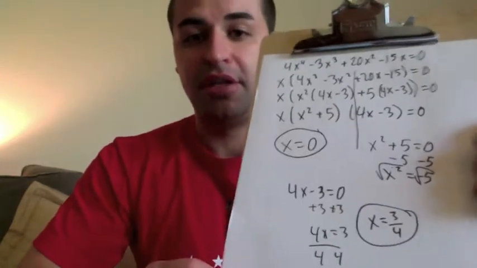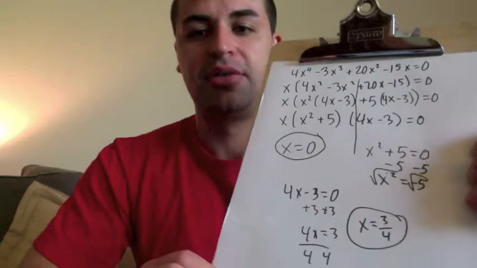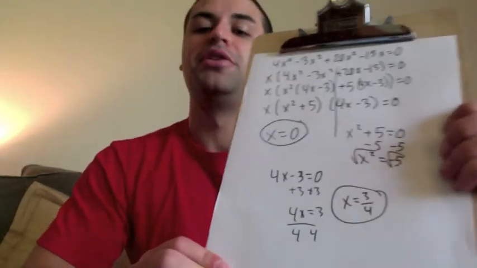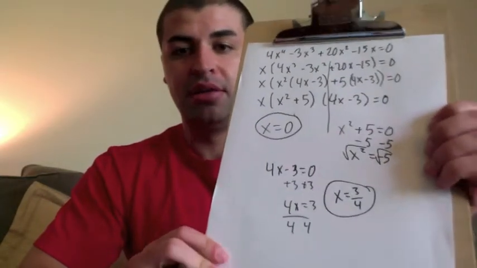Okay, so that's pretty much it for the cubic and quartic that we'll see in class on Monday. I'm going to show you a graph of this so you can see all the roots. So let's put in 4x to the 4th. Use the caret key on your calculator to get that to the 4th power. It's right below the clear button.